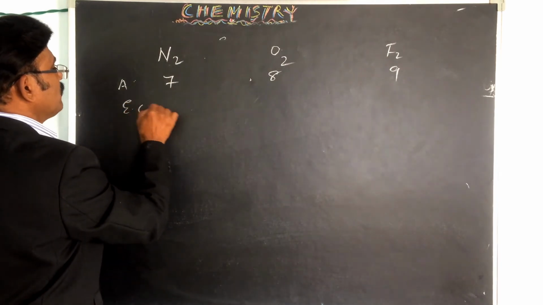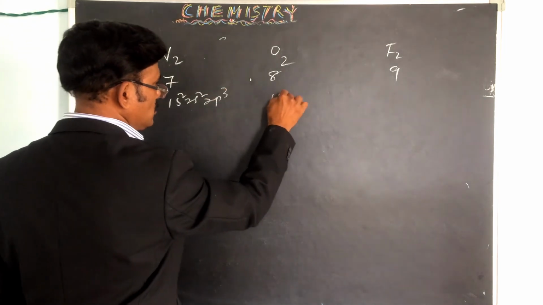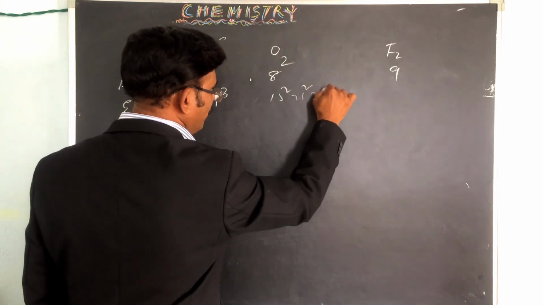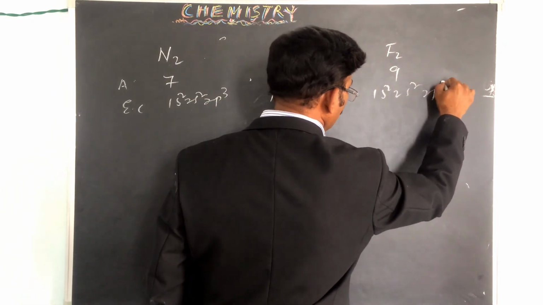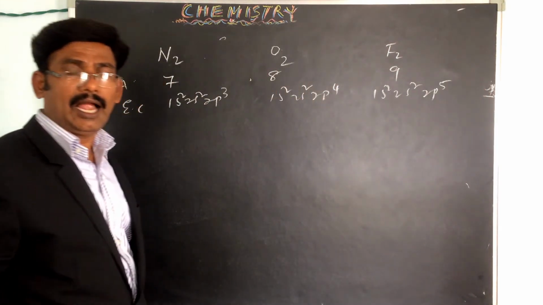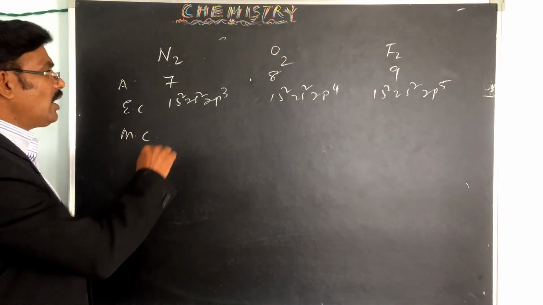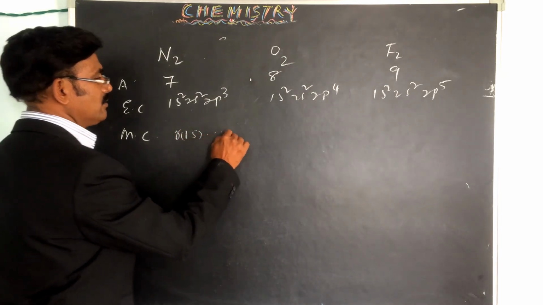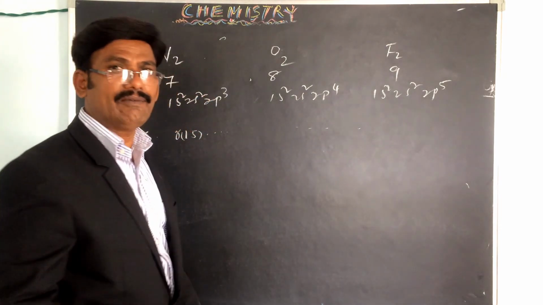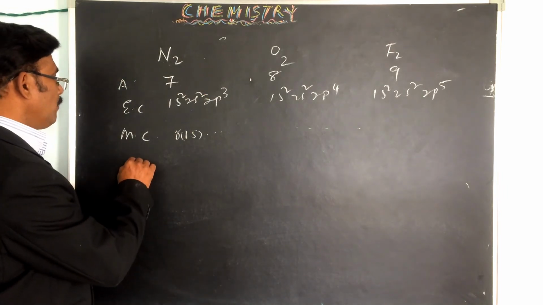Electron configuration: 1s2, 2s2, 2p3; 1s2, 2s2, 2p4; 1s2, 2s2, 2p5. And molecular electronic configuration, that is sigma 1s and so on. Here also everything you have to write. Molecular configuration, and next, bond order.